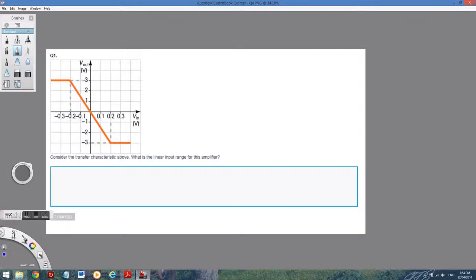This amplifier is designed for an input range from minus 0.2 volt to positive 0.2 volt. So values other than that don't have the gain.